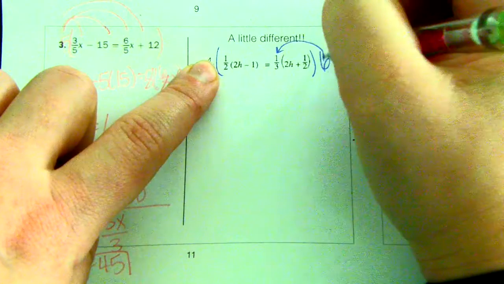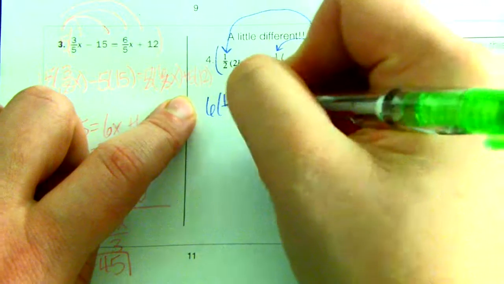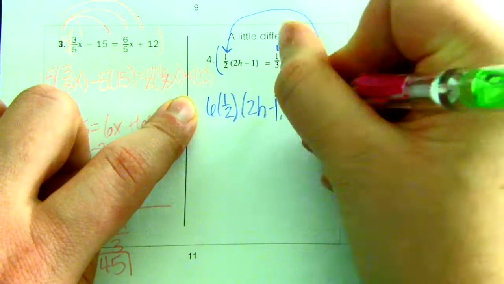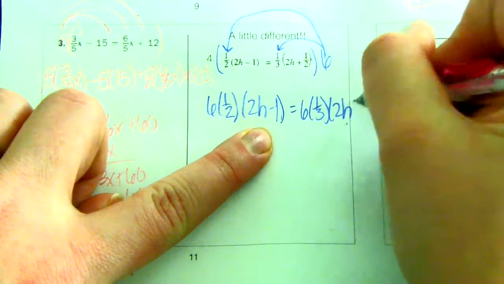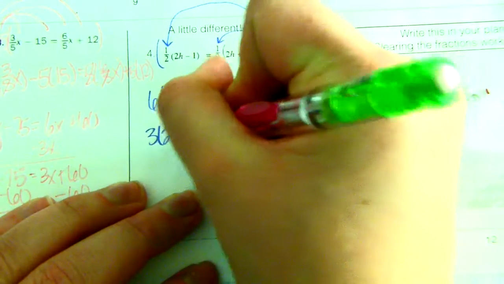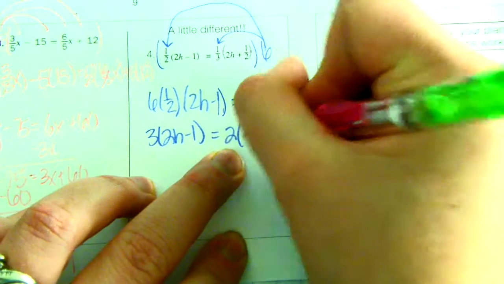So it would go to the 1/3 and it would go to the 1/2. So 6 times 1/2 and then bring down the 2h minus 1. So that's not going to be affected. And then 6 times 1/3 and bring down the 2h plus 1/2. So half of 6 is 3. 1/3 of 6 is 2.